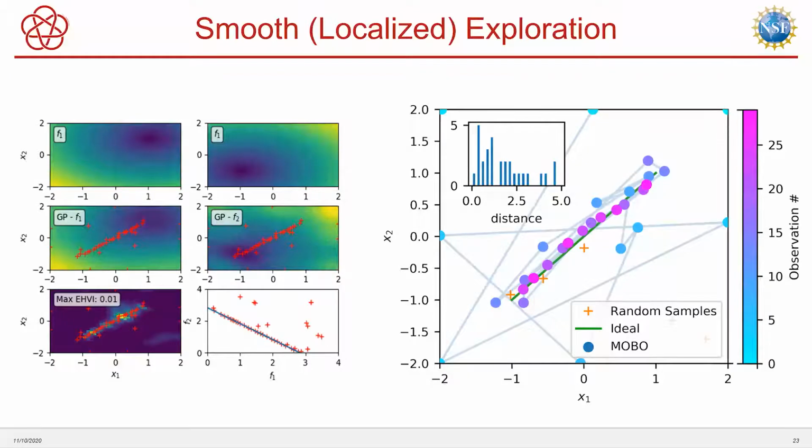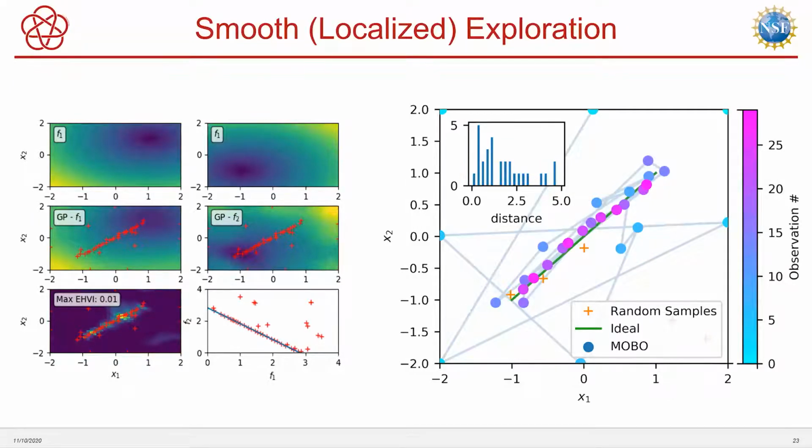And so we want to basically come up with a modification to the multi-objective algorithm that takes into account these associated costs. So in this case, this is the control case. So this is my toy problem again. And what I've done on the right here is I plotted the trajectory of the points that I sampled in input space as a function of the number of observations.